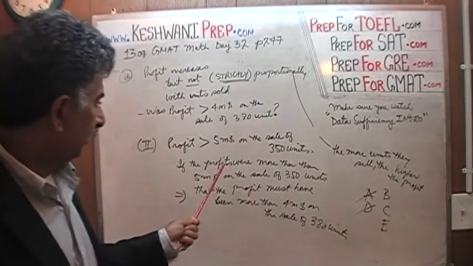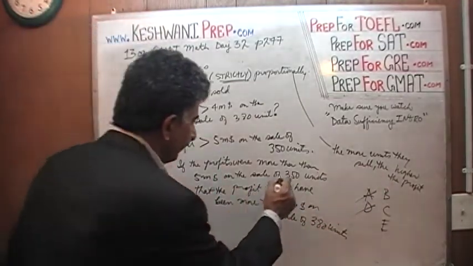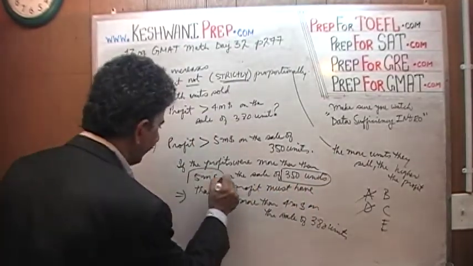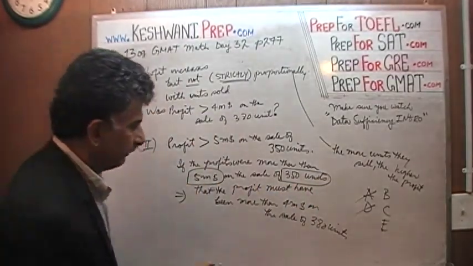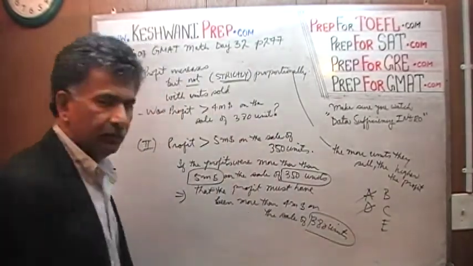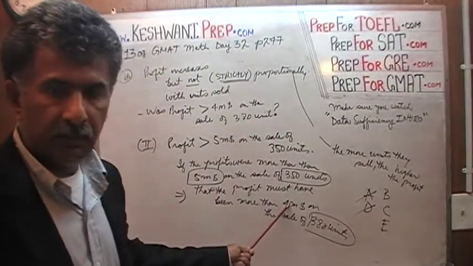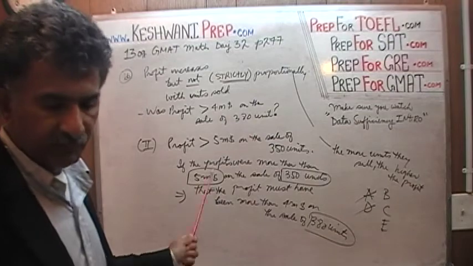So by the time they sold 350 units, they had already made $5 million. Therefore, obviously, by the time they get to 380 units, we don't have to worry about $4 million. The profit is going to be more than $5 million.